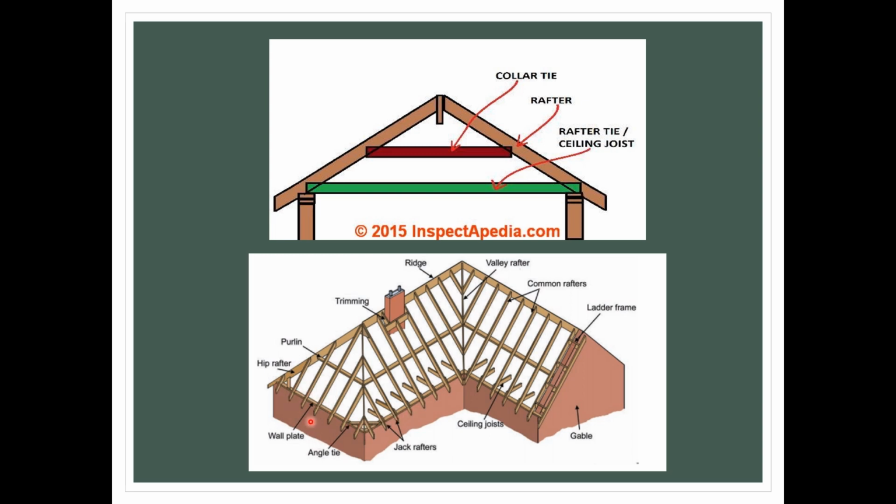This is the wall, and then we put on the wall plate on top of each wall. And then from the wall plate we lay down the ceiling joist. This is not short, it connects from here to the other side of the wall. The ceiling joist here is the same, connected through to the other side of the wall.